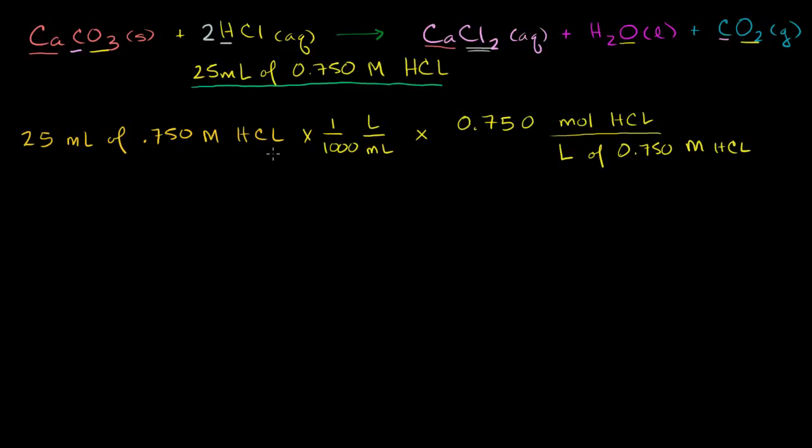So let me make sure you understand what I'm doing here. I first want to get the 25 milliliters into liters. So I'm essentially going to divide by 1,000, and the units will work out. We have milliliters in the numerator, milliliters in the denominator. We're left with a liter on top.